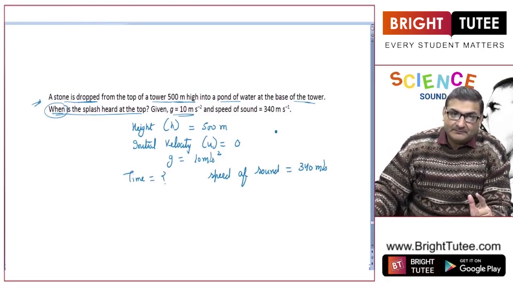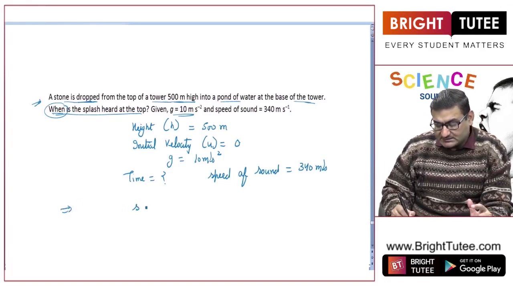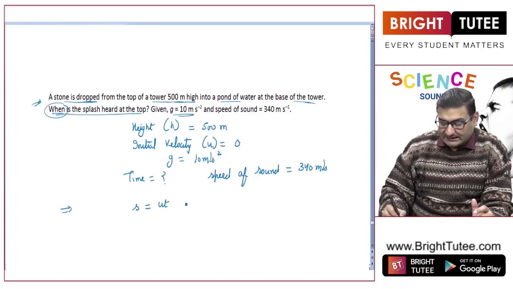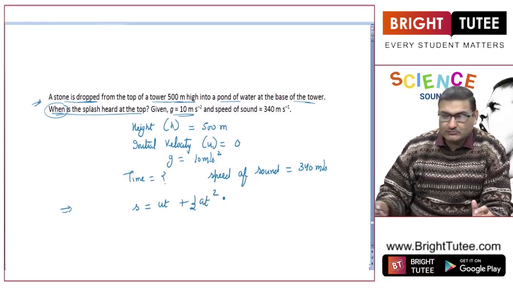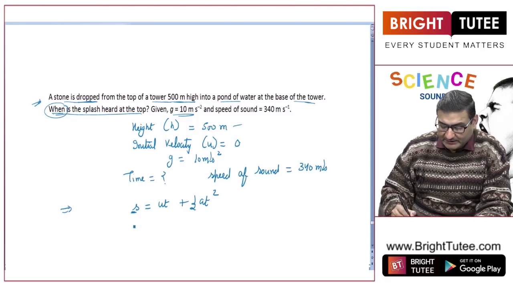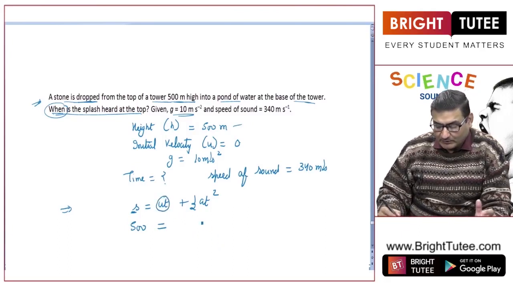Now, first of all, on the basis of the values which are given to me, I would try to calculate the time, and for time I will apply the second equation of motion, which says that S is equal to ut plus half at square. S or the height is given to me to be 500 meter. So, putting the values, the initial velocity is 0, therefore anything multiplied by 0 is 0, there is no point taking it.